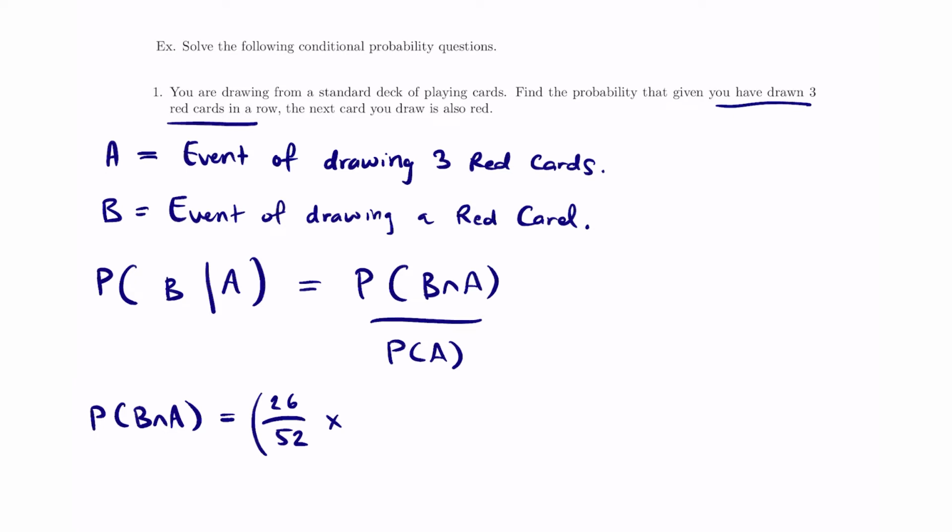We don't replace the cards into our deck, so there's only going to be 25 red cards left out of 51. Then 24 red cards out of 50. And then finally, 23 red cards out of 49. So that's 4 cards drawn, and all of them consecutively are red.